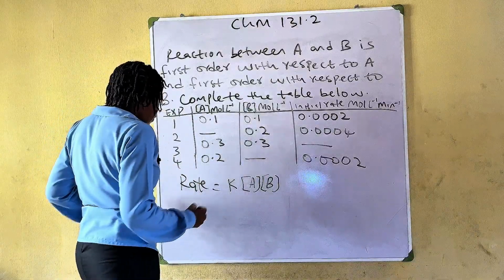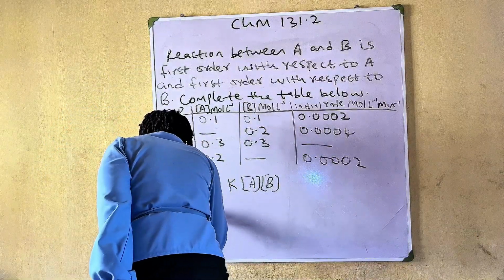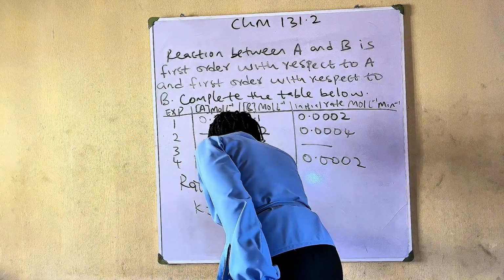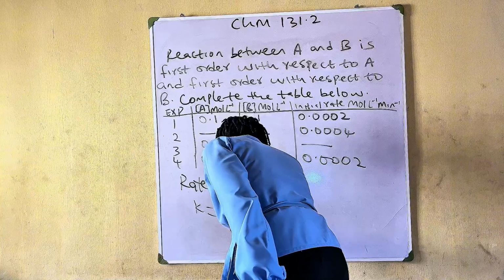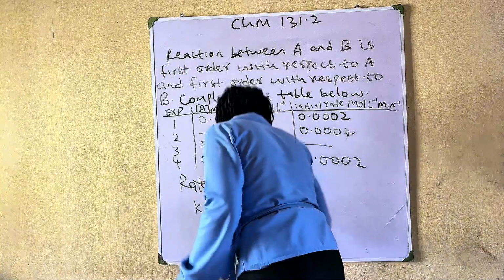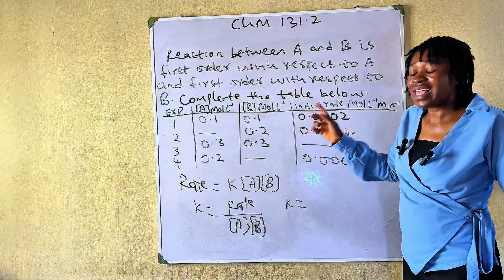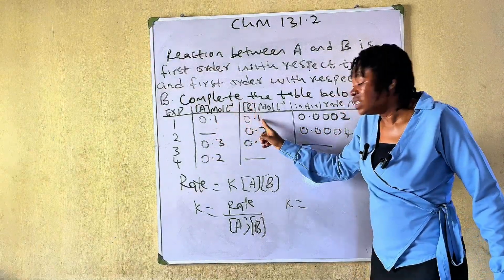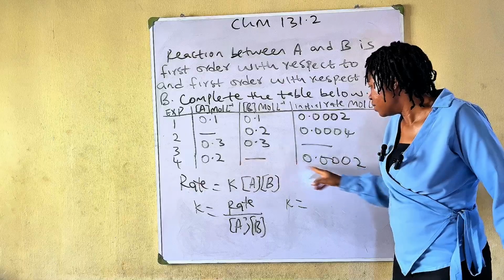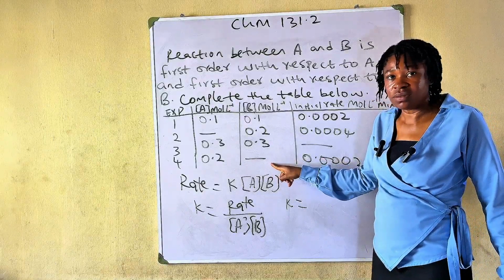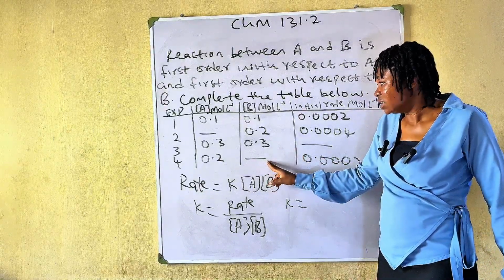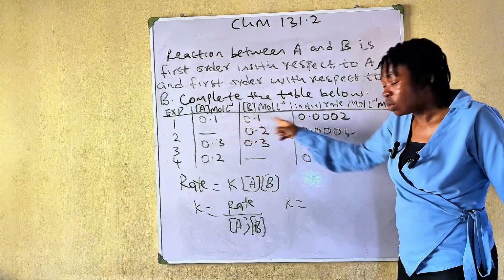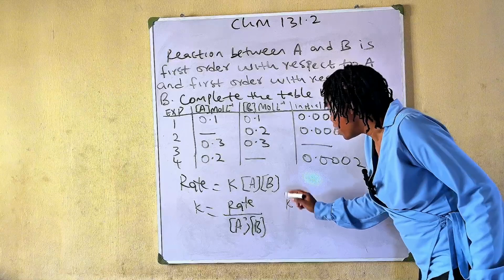So what should be the k? k will be rate all over the concentration of A times that of B. For this one, you can only use the experiment where the initial concentrations of A and B are given. You cannot use this one because this one is missing. So we use the one that's complete. Everything is complete.